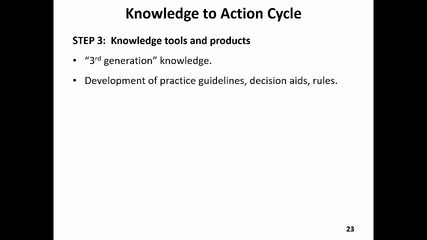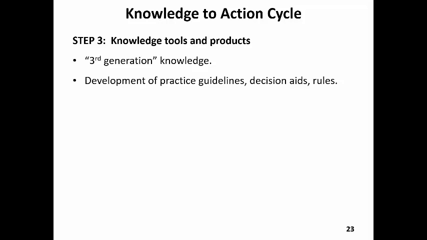The third step is oftentimes the very challenging step of expressing the second generation knowledge into third generation knowledge, which is to develop a series of what the step 3 title here is, tools and products.